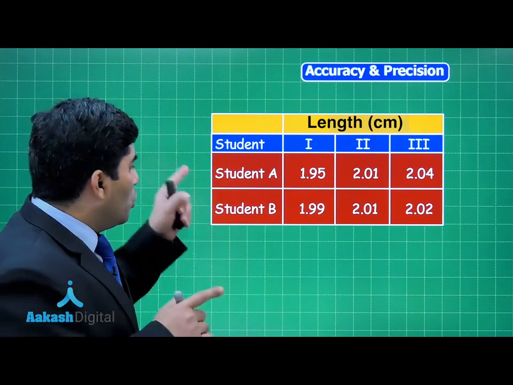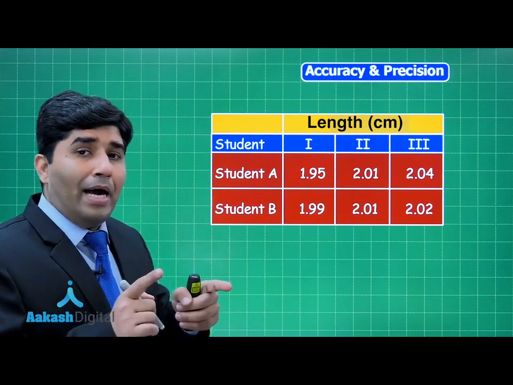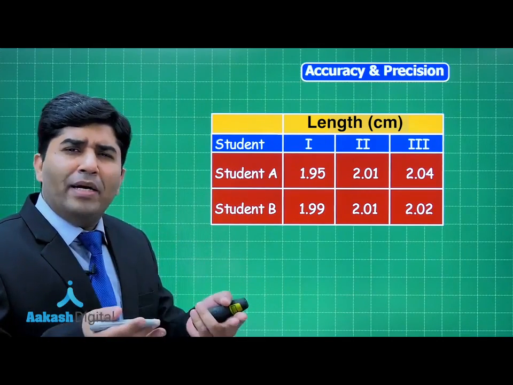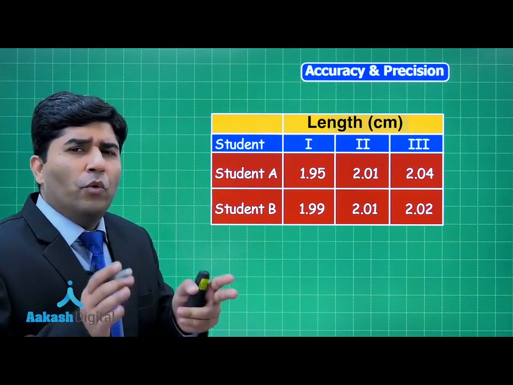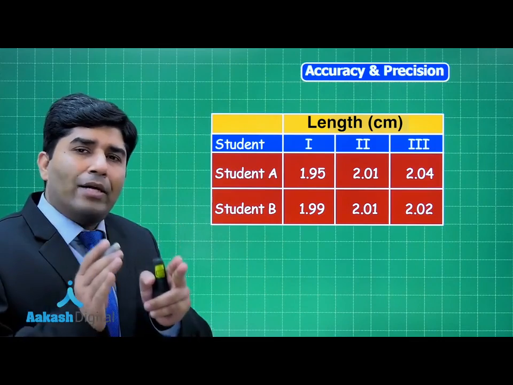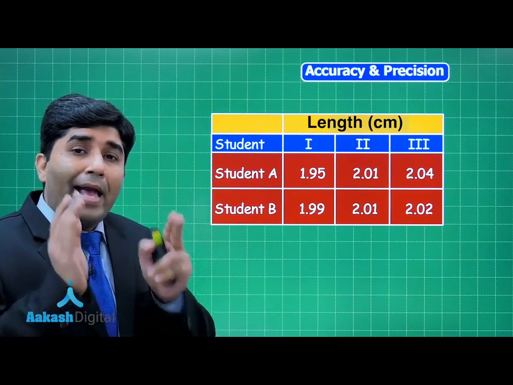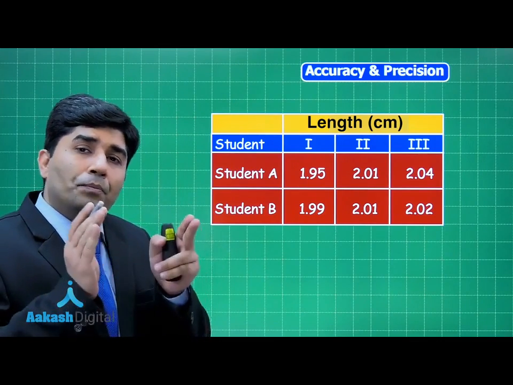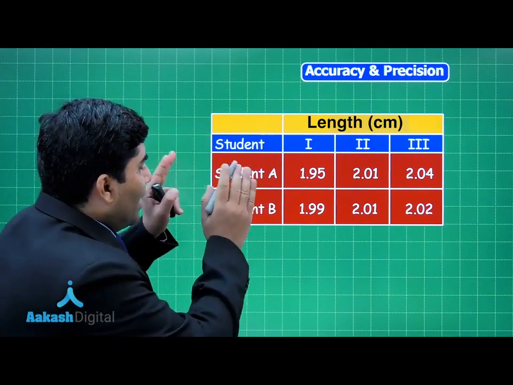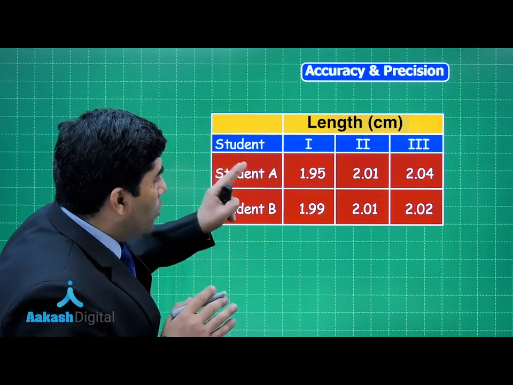Again, student B has some error, or the error may be of the instrument or human error, we don't know. But we want to know what is the actual difference between accuracy and precision, right? Let's examine their values carefully.